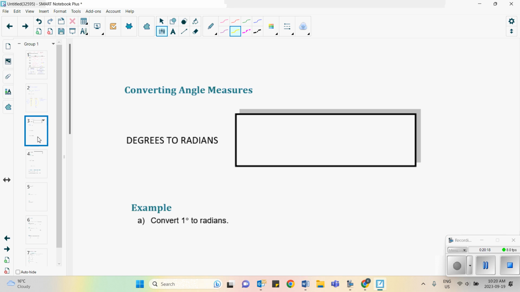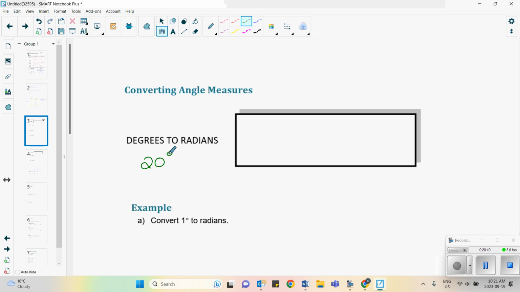All right, we've got to convert. So what happens when it's not a nice value like 30, 60, 45, 90, 180, 360? You have to divide and multiply. If we have, let's say, 20 degrees, that's not on that nice list I have to memorize.